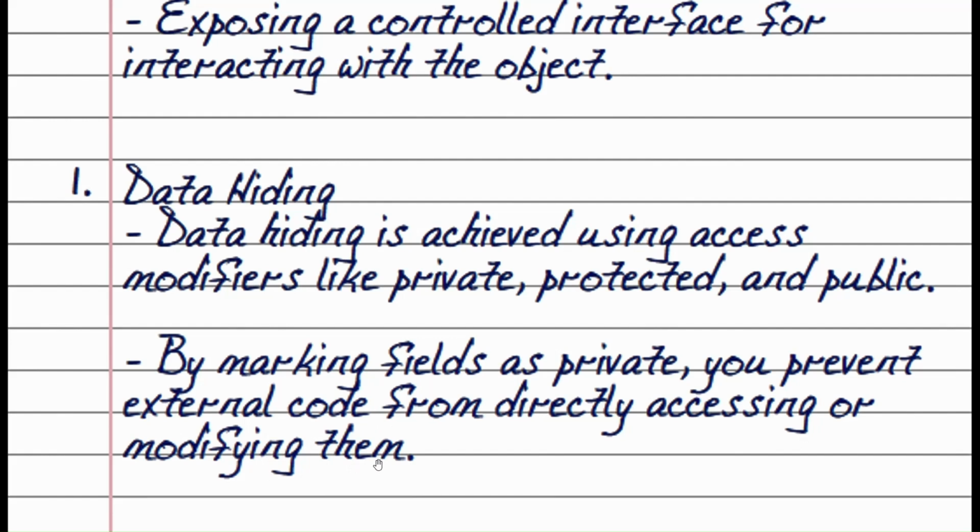If we use the private access modifier, we cannot access that data outside the class. That's why we use the private access modifier.